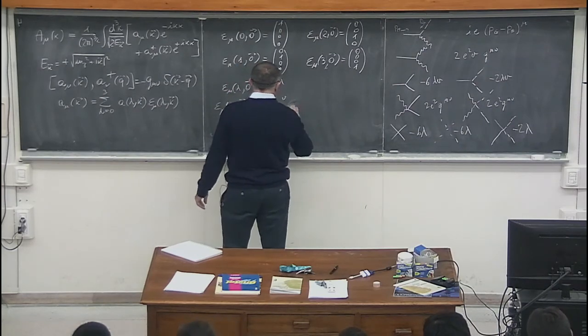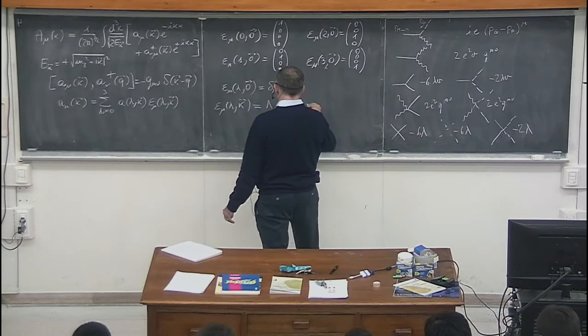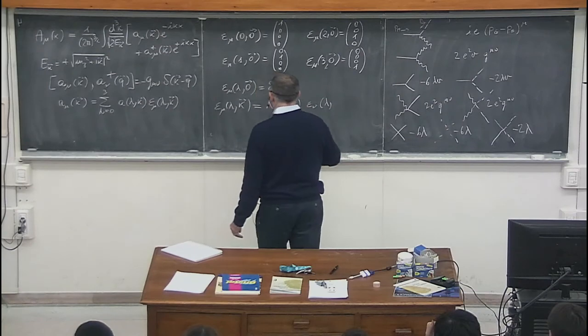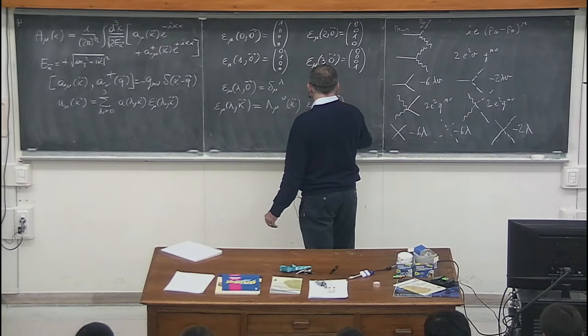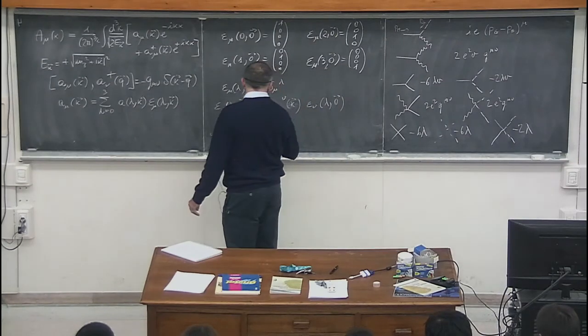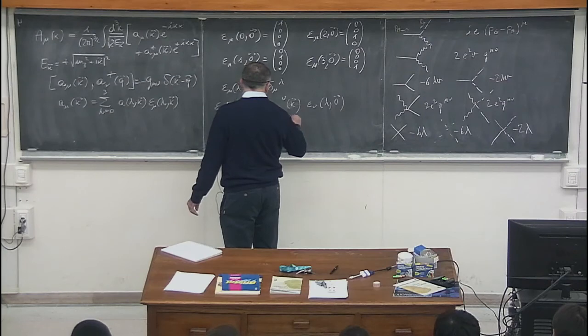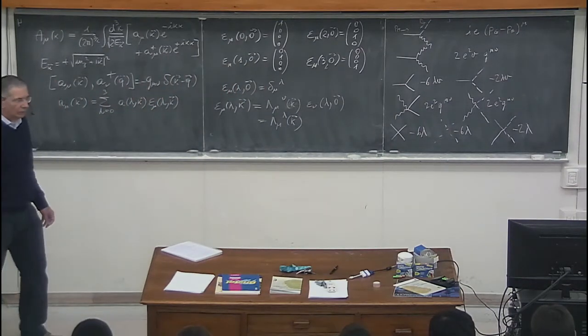Lambda is a Lorentz transformation, which is a function of the momentum, times epsilon nu of lambda in the rest frame, which is equal to lambda mu lambda of k.